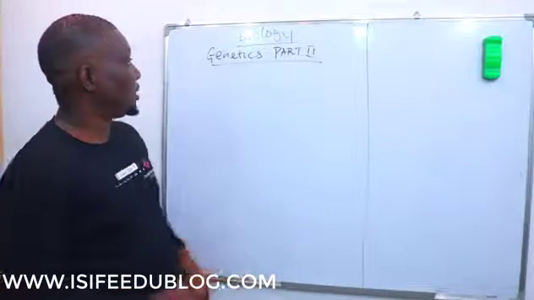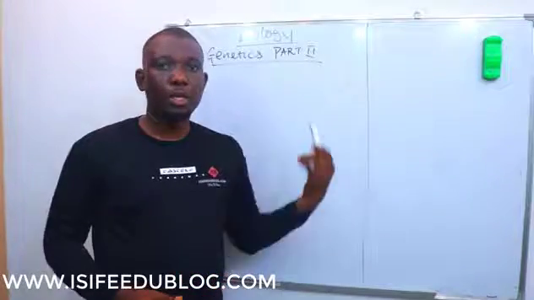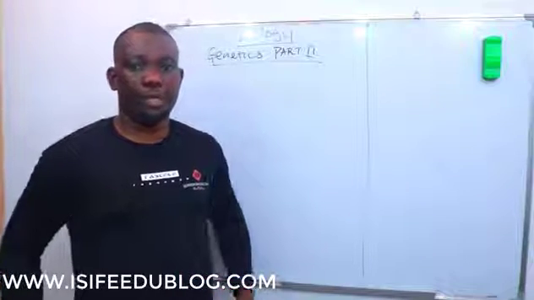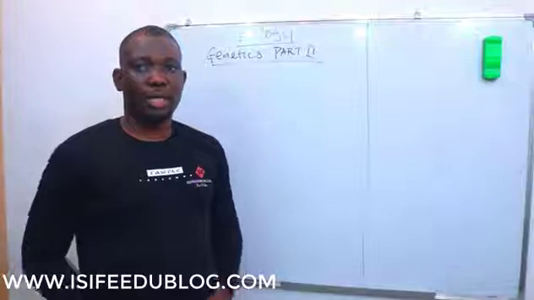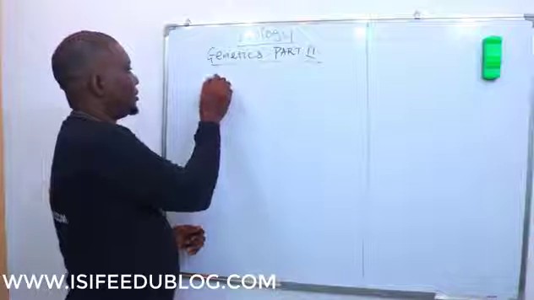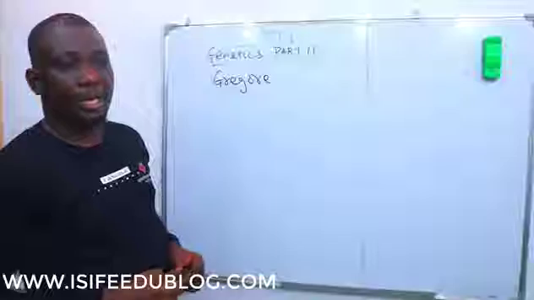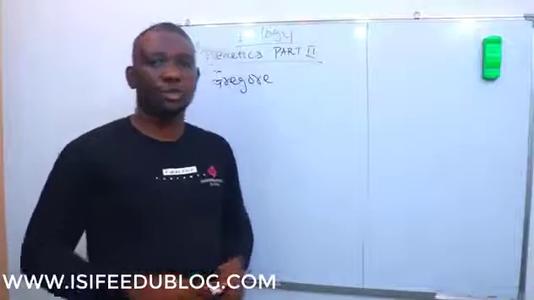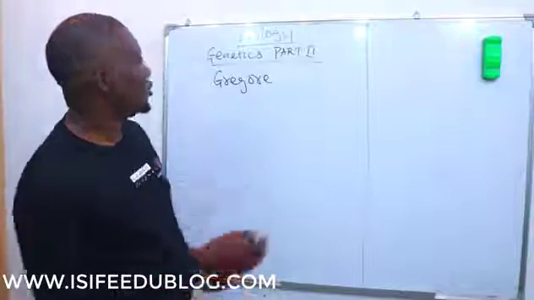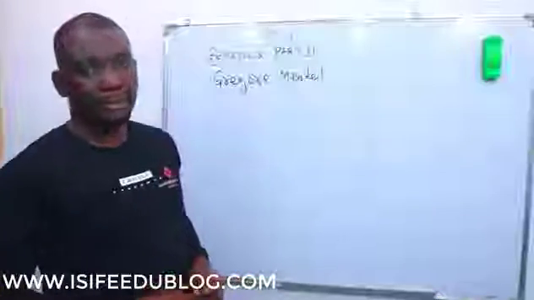Okay, today we're going to be looking at the second aspect of genetics, part 2. Here we're going to be looking at the principles of genetics, and the scientist that carried out this useful work in the field of genetics, Gregor Mendel.